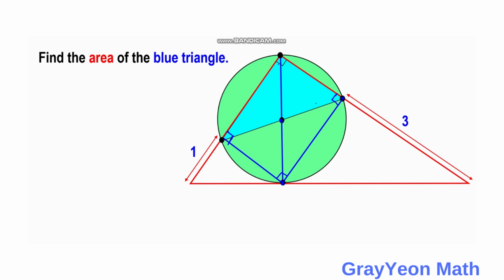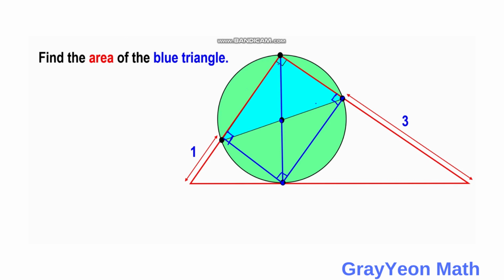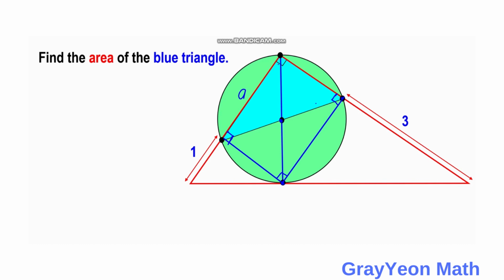Okay, next we label this segment as A, and the other segment is B. So this will be A, and this will be B. Since we are after the area of this blue region, this is a right triangle.